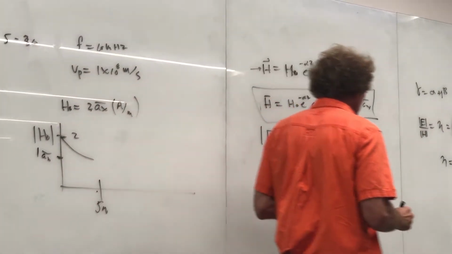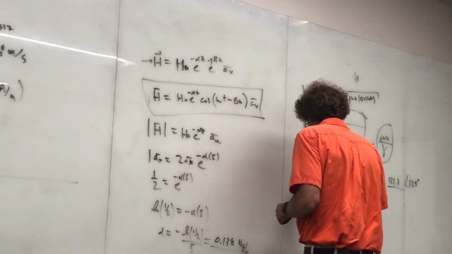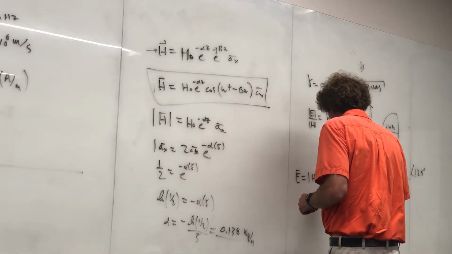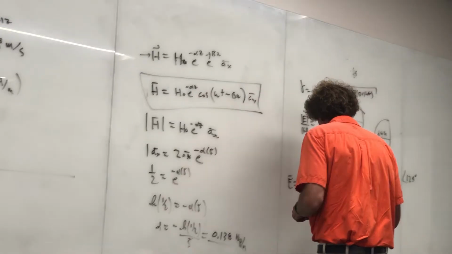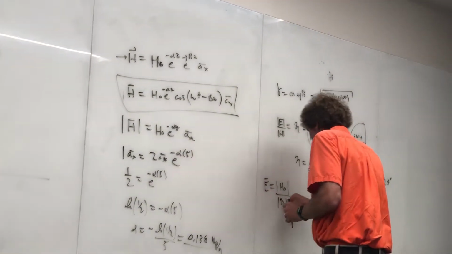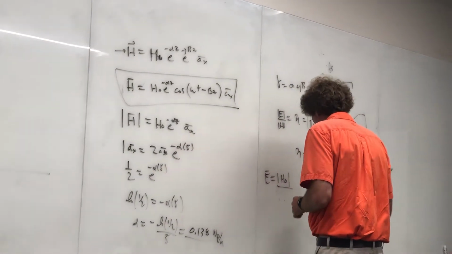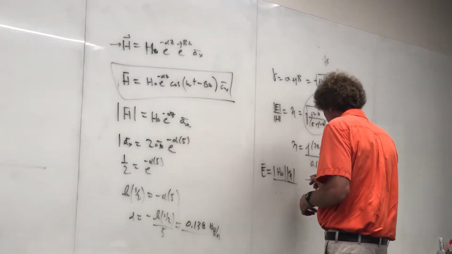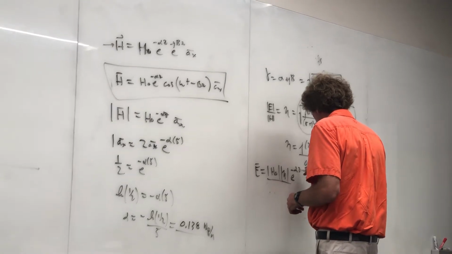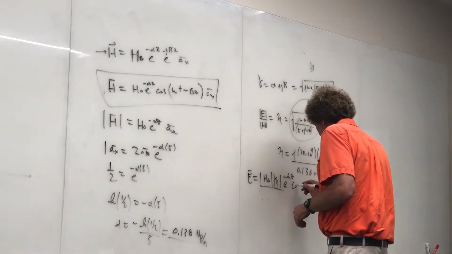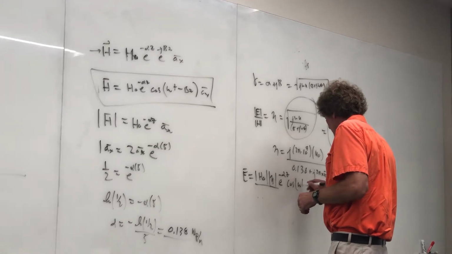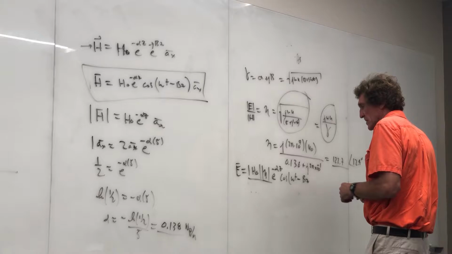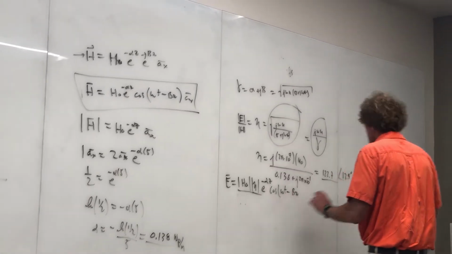Now for the E field, I can say the E field is equal to magnitude of H naught, I'll put this down first, divided by magnitude of eta, then it's going to be times eta, divided by, times magnitude of eta, and then it's going to be e to the minus alpha z, and it's going to be a cosine of omega t minus beta z, and then the phase angle here, I'll show you how I'm getting this.